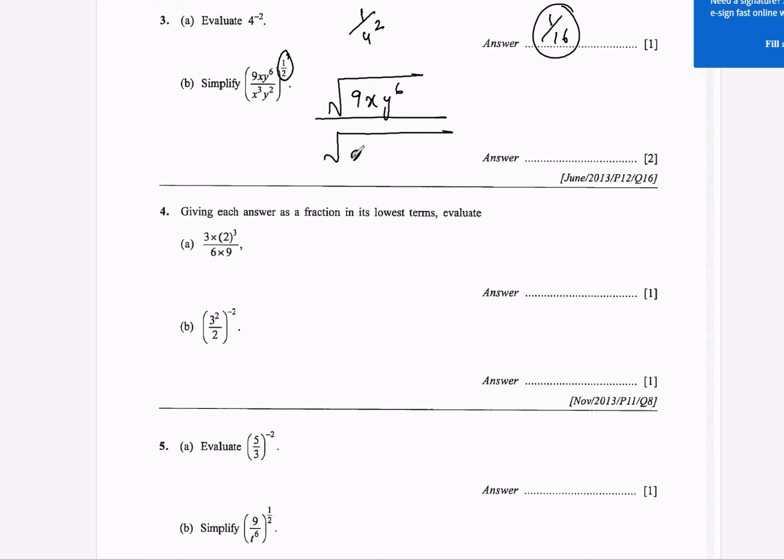I can break the square root in two parts, or I can just make one square root. I'm just breaking it in two square roots so that you can see clearly. The square root of 9 is 3. Now this is x and this is x cube. I can send this x cube on top, or I can send this x in the denominator.